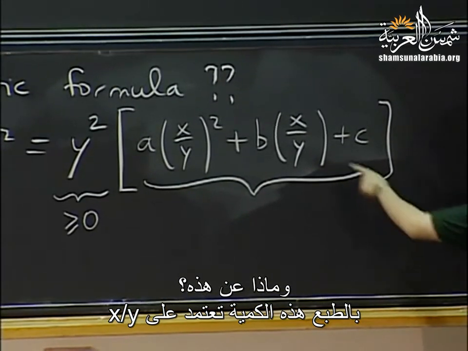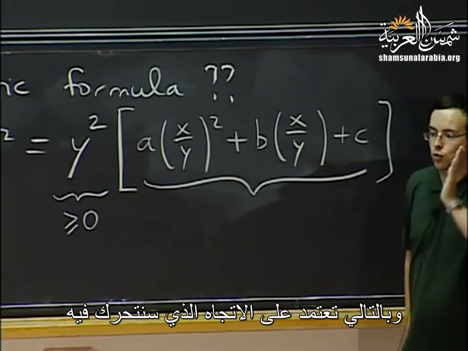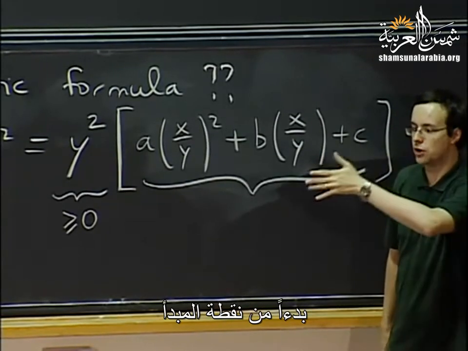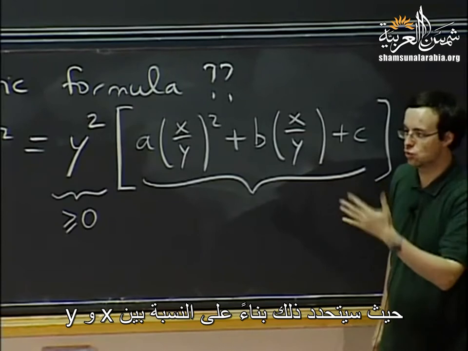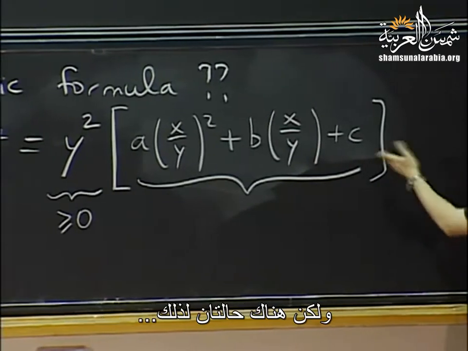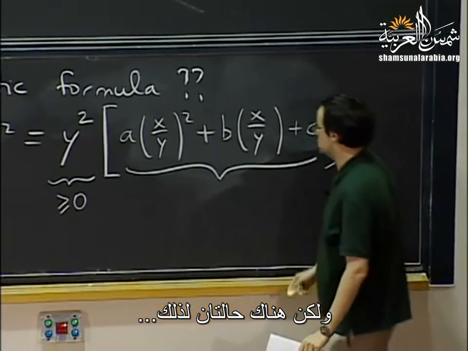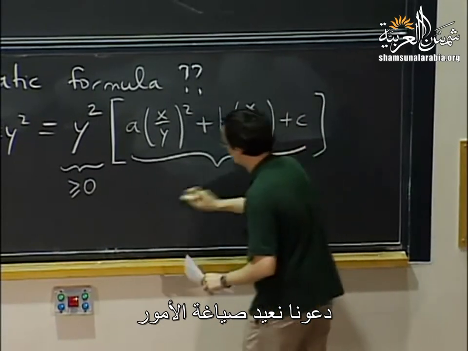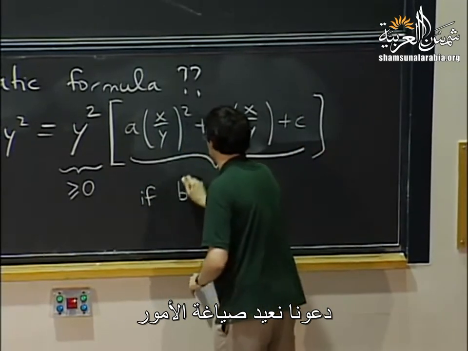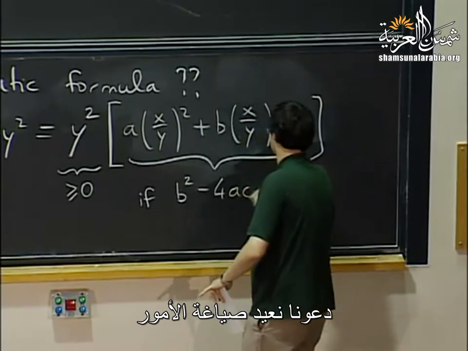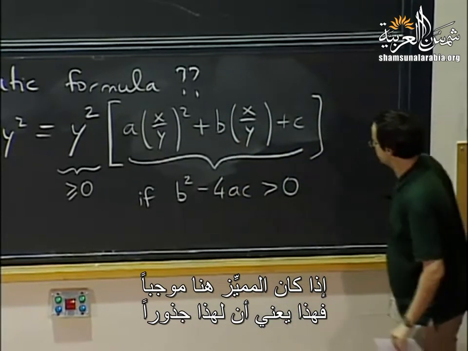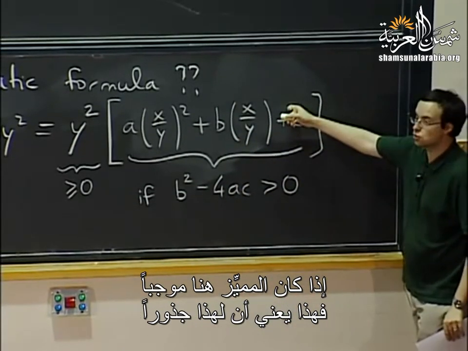Well, of course, this one depends on x over y. It means it depends on which direction you're going to move away from the origin, which ratio between x and y you will consider. But I claim there's two situations. One is, so let's try to reformulate things. So if the discriminant here is positive, then it means that this has roots, right?